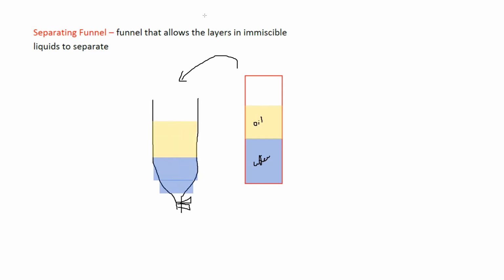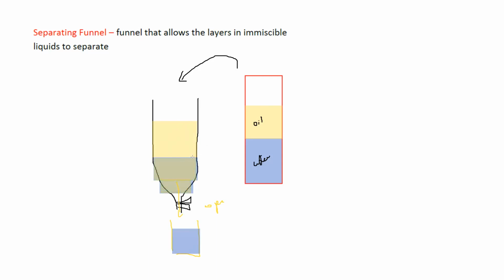So when you open this tap, the water will come down. As the water runs down, the oil will take the position of the water. The conical flask near the tap will be filled with water, and once the oil reaches the tap, you will close the tap.